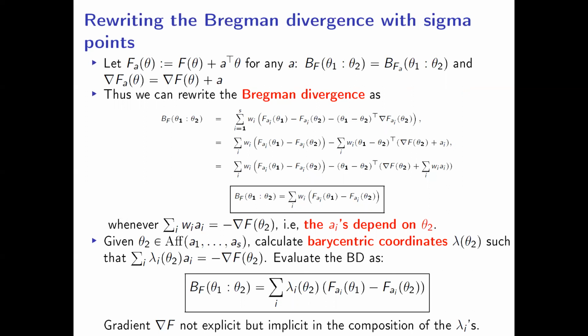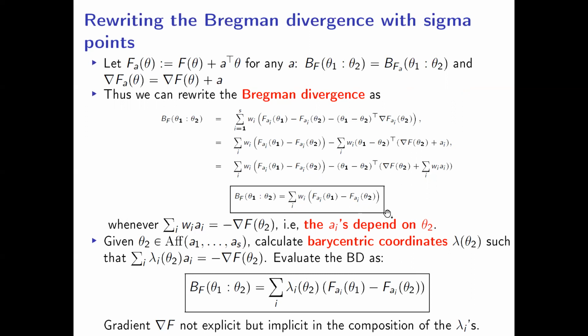And what we can do now is, given some query parameter θ2, which belongs to the affine hull of our chosen sigma points, we compute some barycentric coordinates for θ2 with respect to the sigma points, and then we express the Bregman divergence as this thing. So there's no explicit use of nabla F, but it is used implicitly in the composition of the lambda here to annihilate this term.